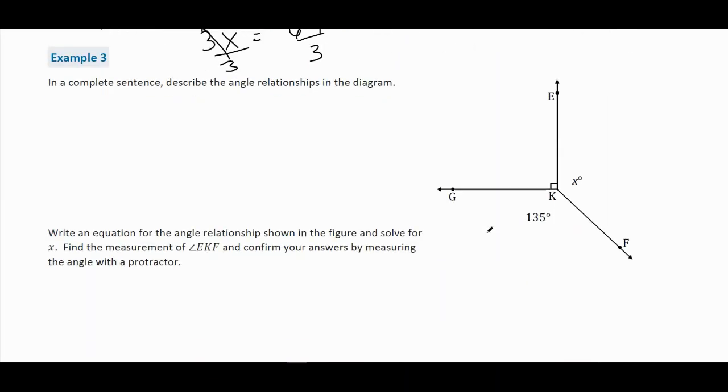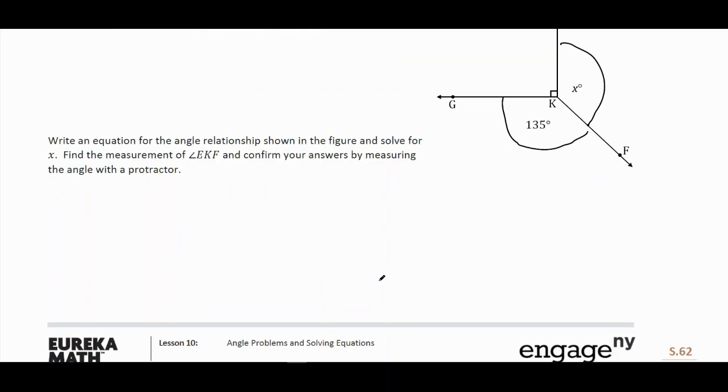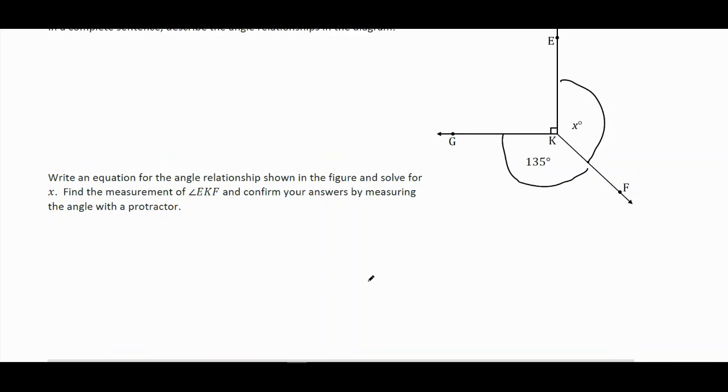Now for this one, what can we say on this one here and this one here? Some of you might say it is vertical. Yes, they are. But for us to ensure that they really are vertical, because some of you might say they are adjacent angles, how can they be vertical, you're going to see it through this equation.